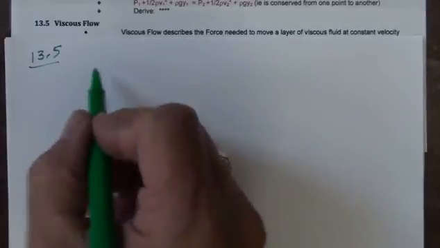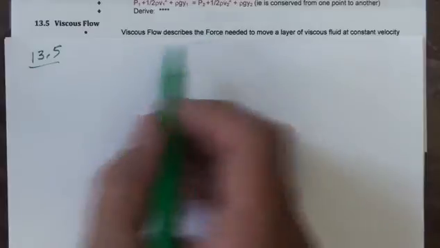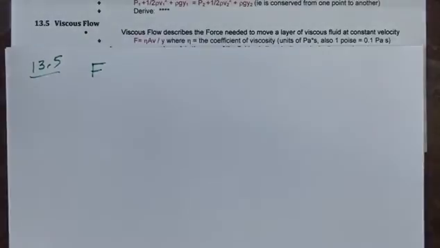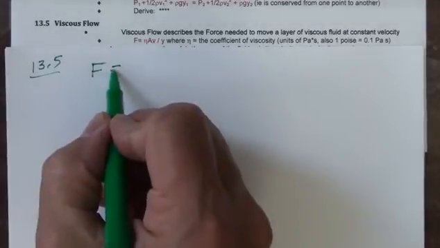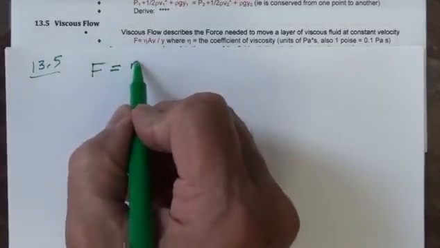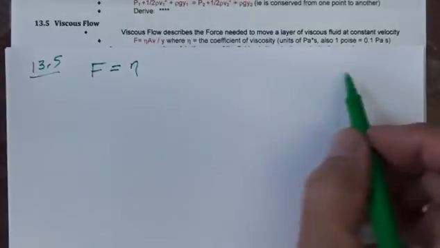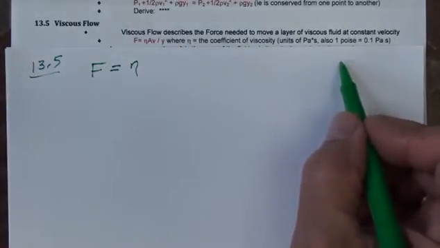Well, how do we do that? We want to know the force. So we're going to describe a force that's given in this equation. And this force is going to be equal to a constant, which we call eta, times, and I'm going to draw a diagram over here.